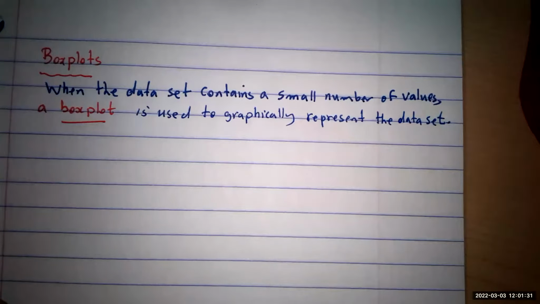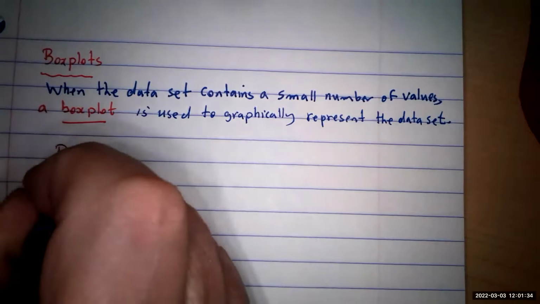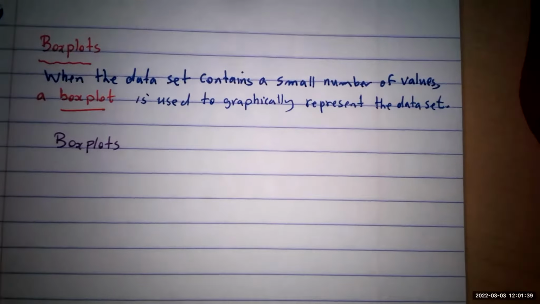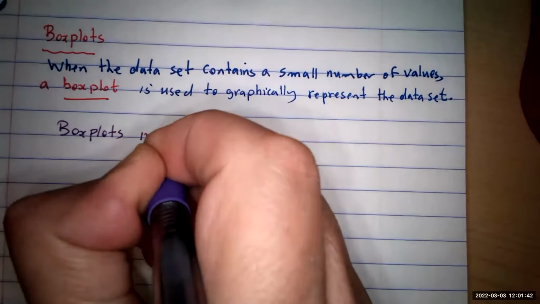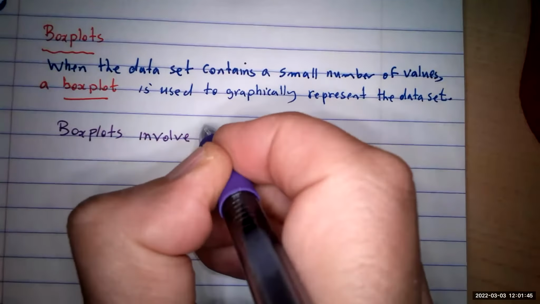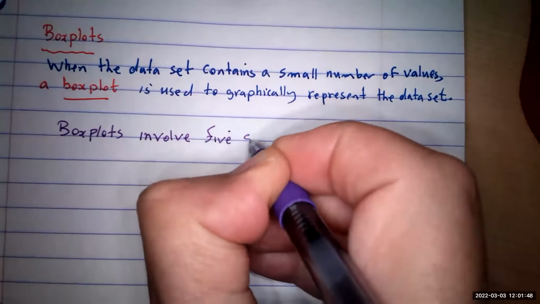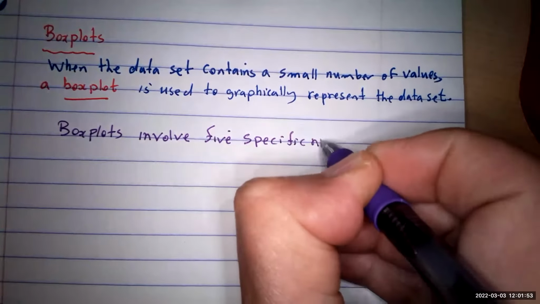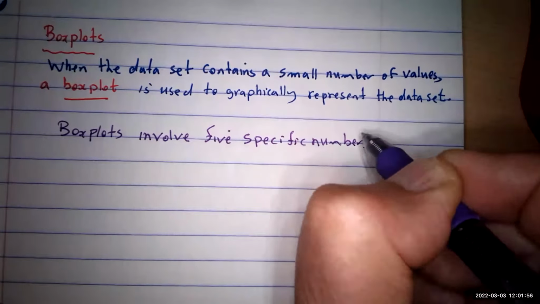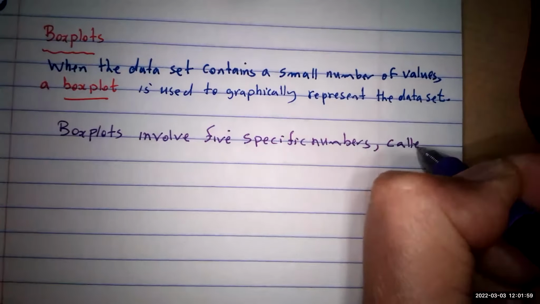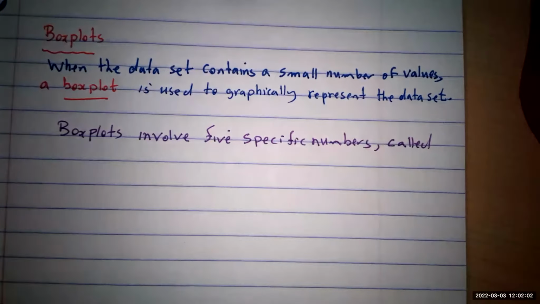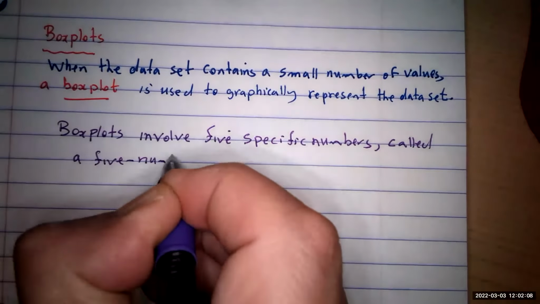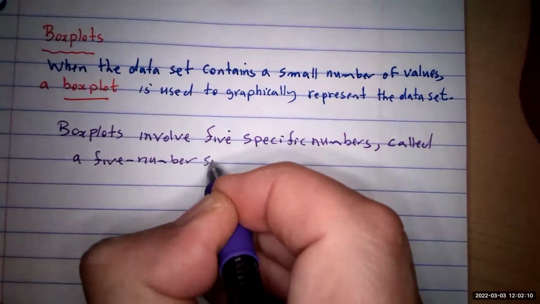Now, as I talked about, it involves five numbers. You have to know these expressions because they ask you. So the box plot involves five specific numbers that we refer to as a five-number summary.